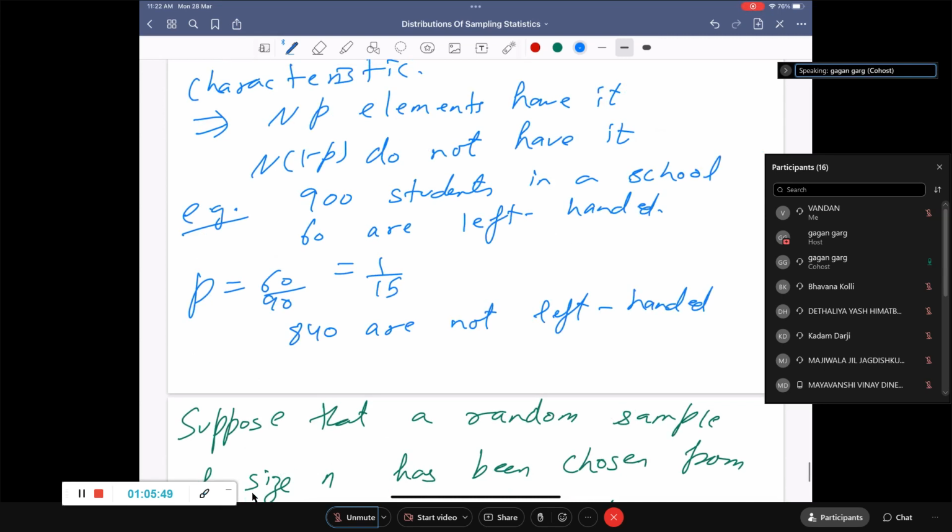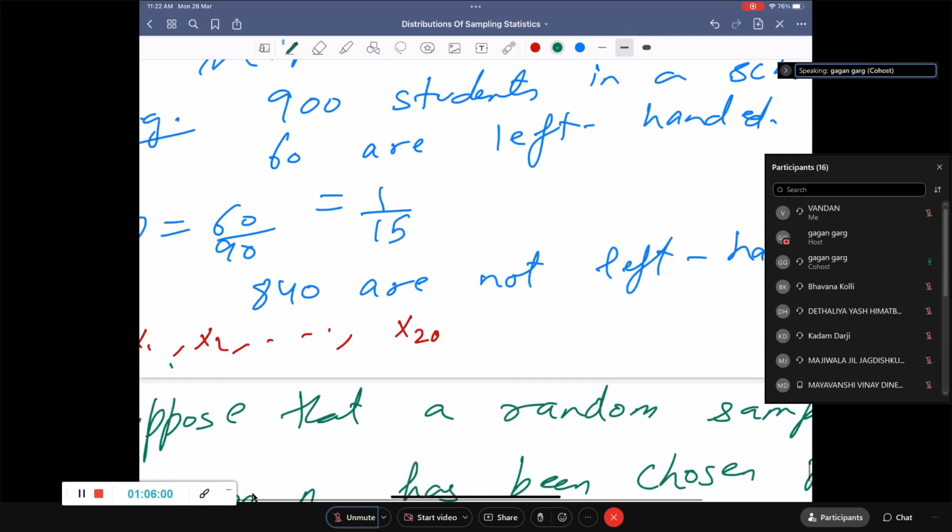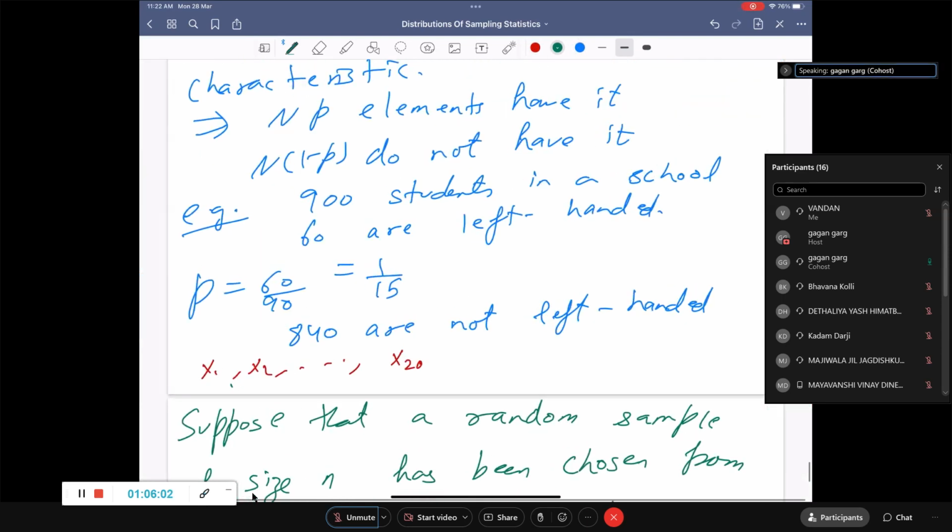So you chose x1, x2 up to x20. Let's say x1 was 1 because the first person was left-handed, x2 was 0, x3 was 1, then 0, 0, 0, and then 1. So let's say 3 people out of 20 were left-handed.